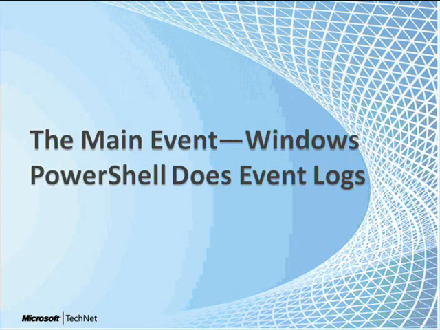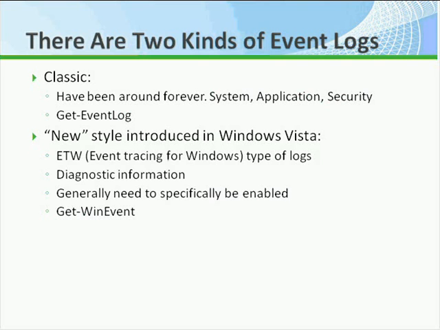So the classic logs, system, application, security, have been around forever, as I mentioned, and those are easy to work with and easy to deal with. Now, one of the things I was really surprised about is I wrote a Hey Scripting Guy blog article a couple of months ago, and I was in particular looking at these ETW logs.